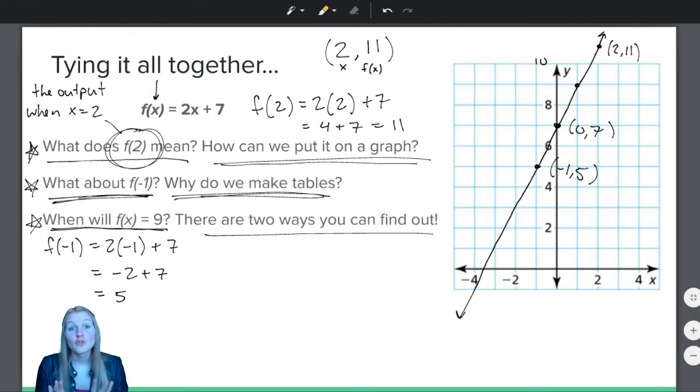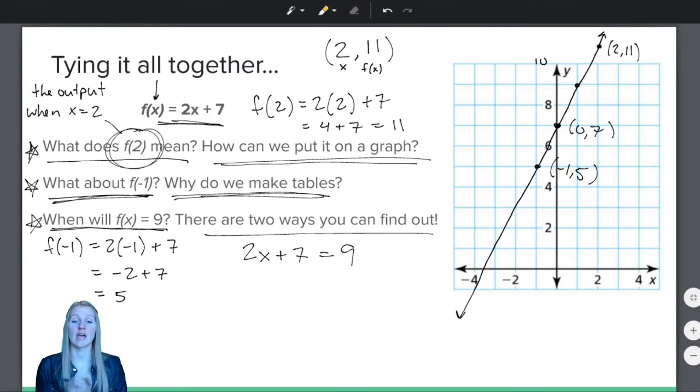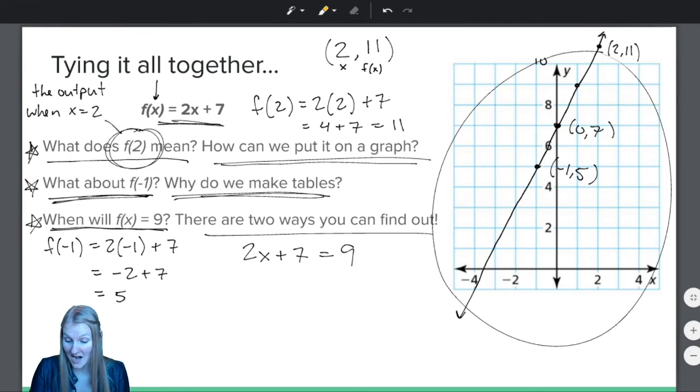Okay, so the first way we can find out is exactly what we did in the entry task. We can say f of x, or 2x plus 7, equals 9, and we can solve for x. So that's the first way. The second way is by looking at the graph.